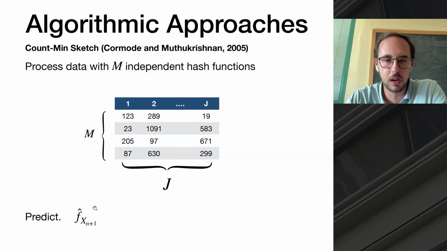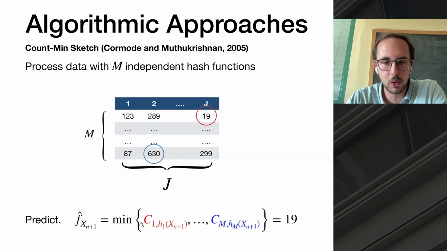And then when I want to predict the frequency of x_{n+1}, what do I do? I go through my hash functions. So h1, for instance, I map x_{n+1} via h1. And for instance, here, it gets mapped to the value j.